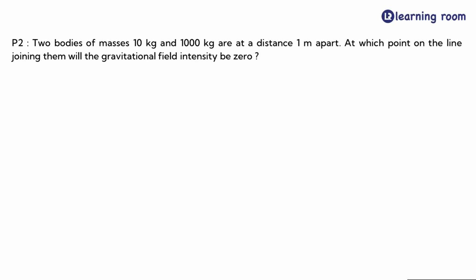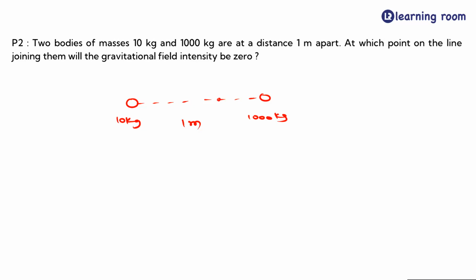So I'll solve this problem. I want you all to listen. There is a 10 kilogram mass here, and a 1000 kilogram mass here, separated by a distance of 1 meter.